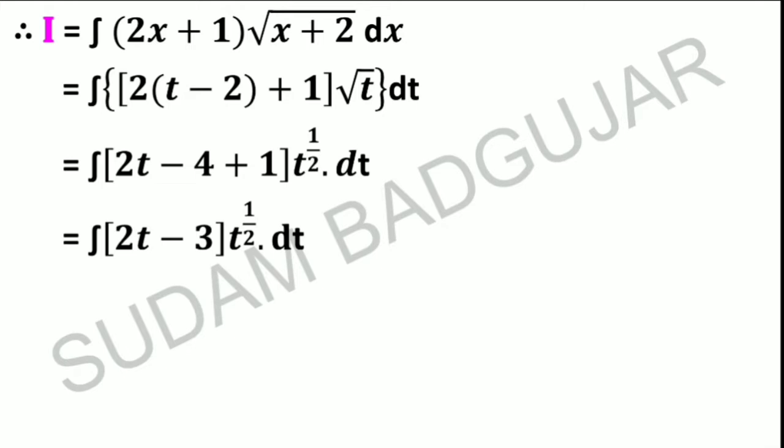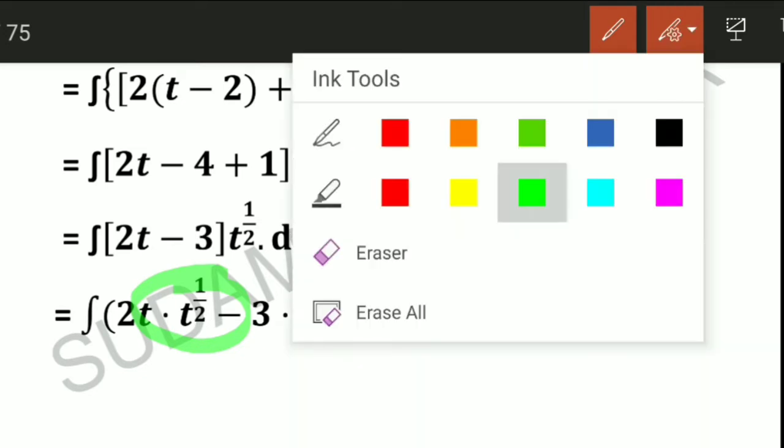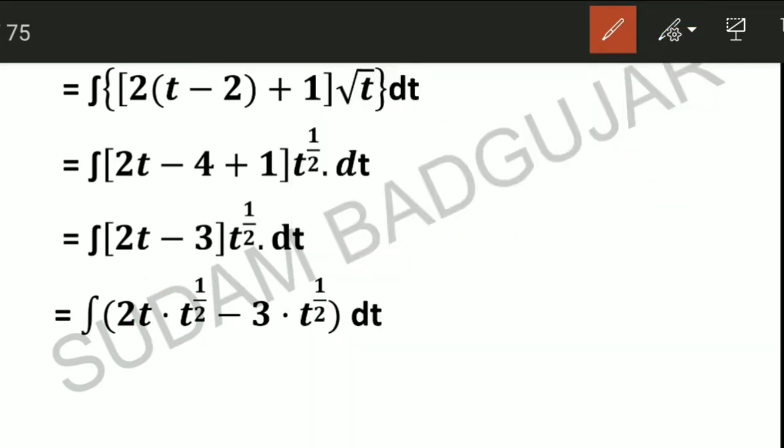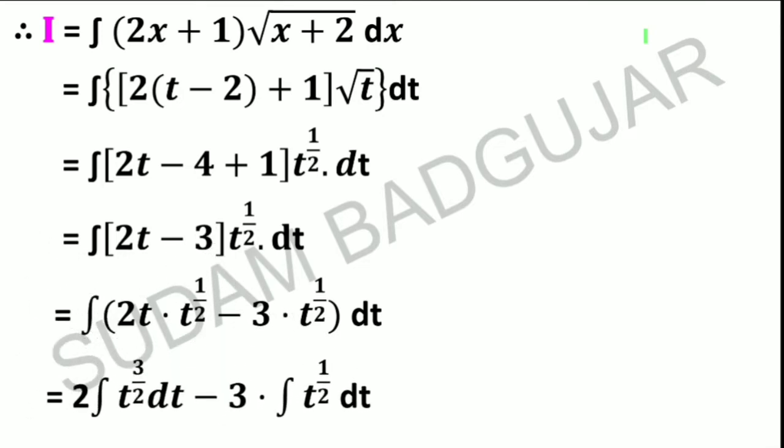Now open the bracket: integration of 2 into t raised to half minus 3 into t raised to half, into dt. Now apply laws of indices: t raised to 1 into t raised to half is t raised to 3 by 2, so it is integration of 2 into t raised to 3 by 2 minus 3 into t raised to half.